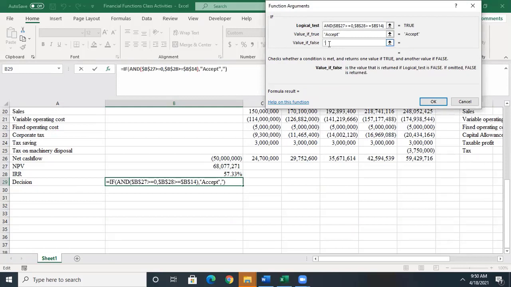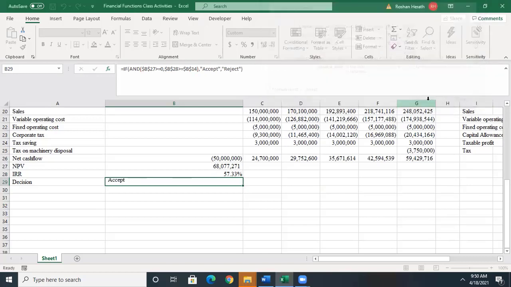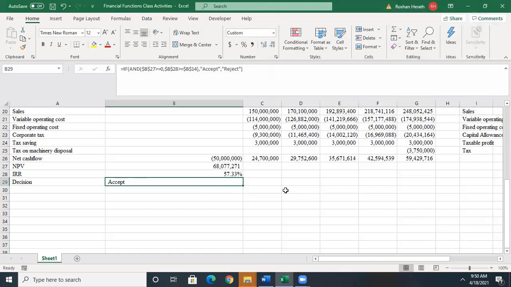Otherwise, you are going to reject. So this project must be acceptable because the NPV is greater than 0 and the IRR is greater than the cost of capital. So it is pretty obvious.